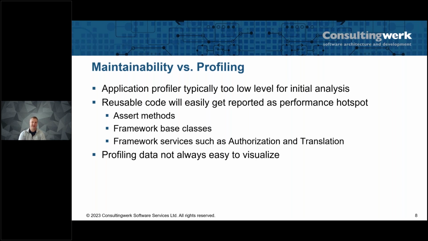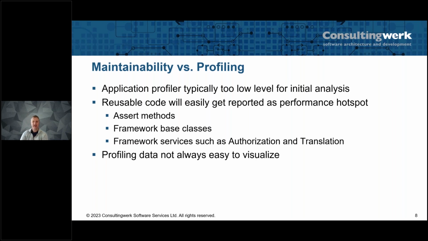It also has challenges in that it can report things that are frequently used as performance hotspots. If you have code like assert methods or logging or authorization or translation, they get lumped in with everything, and it can be tricky to pull out what is actually causing your performance problem.